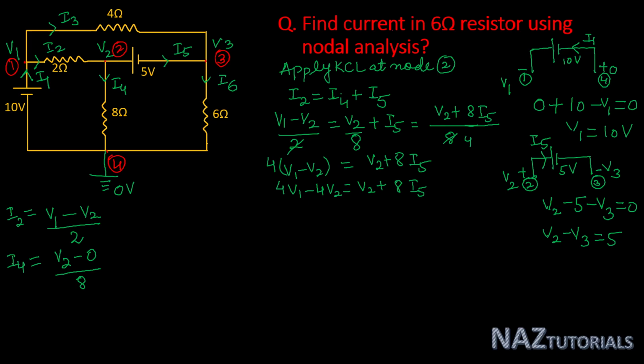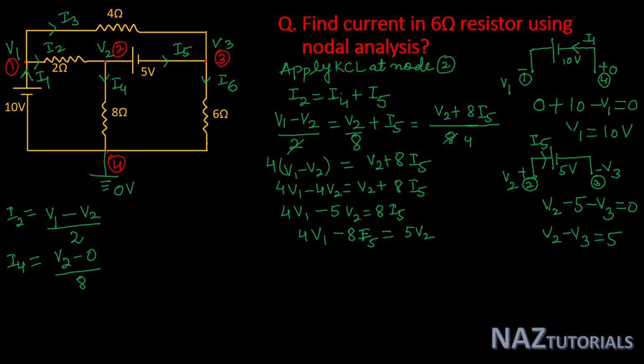Now you can write 4V1 minus 5V2 is equal to 8I5. You can write 4V1 minus 8I5 is equal to 5V2.